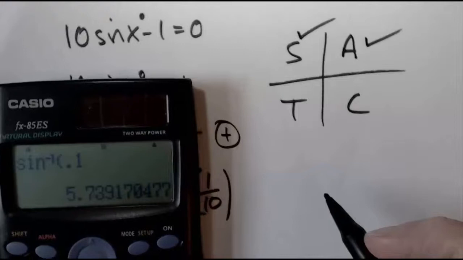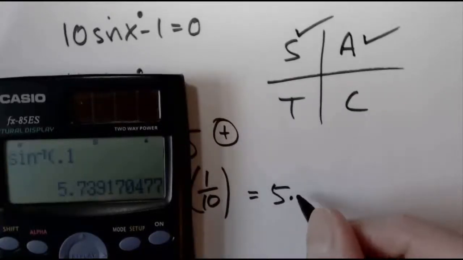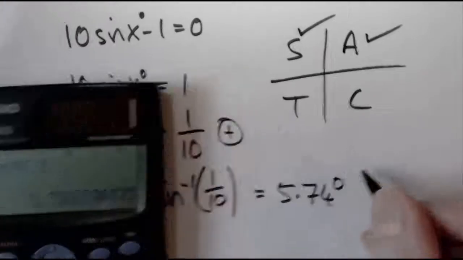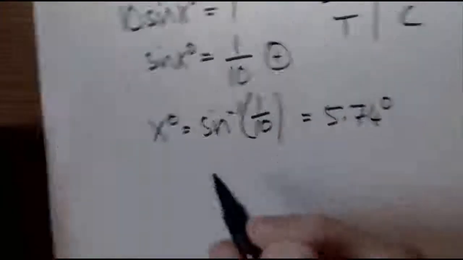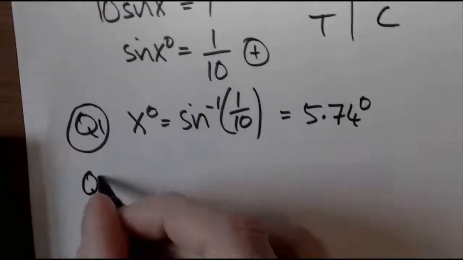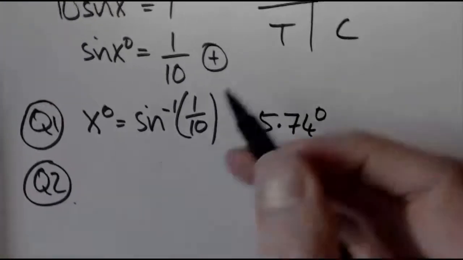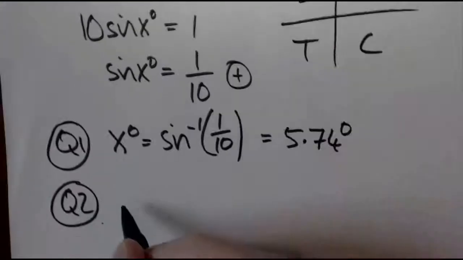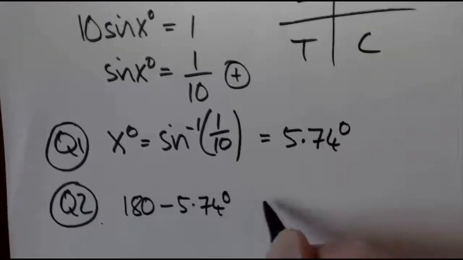So that equals 5.74 degrees. Okay, so that equals 5.74 degrees. Now, that's for quadrant 1. For quadrant 2, what we're going to do here is we're just essentially just going to be taking it away from 180. So that's 180 minus 5.74 degrees.